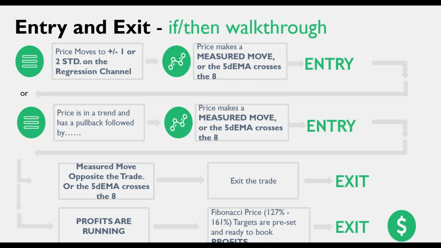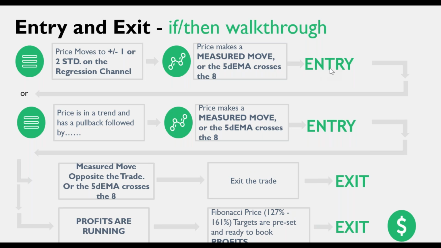We're going to start with our entry to exit walkthrough, remembering that when the price moves to either the plus or minus 1 or 2 standard deviation on the regression channel, that is a signal to either get in or look to get in when you get a measured move that confirms that.